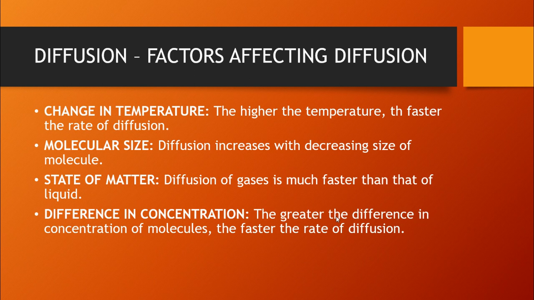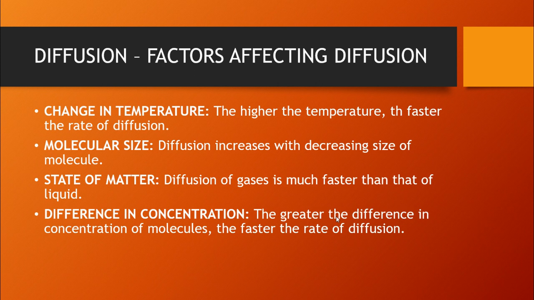The size of the molecules: diffusion increases with decreasing size of molecule. I don't want to bring in physics inertia, but let's look at it this way: the bigger the molecules, the heavier they are, the more difficulty they have moving from one point to another. The state of matter: diffusion in gases is definitely faster, because the particles in gases are already in their random motion, so diffusion is expected to be faster.